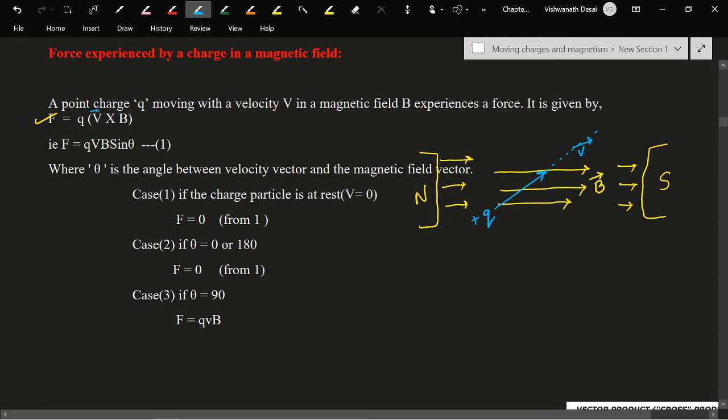Both the velocity and the magnetic field are vector quantities. So for V cross B, you need to apply the rule of cross product.